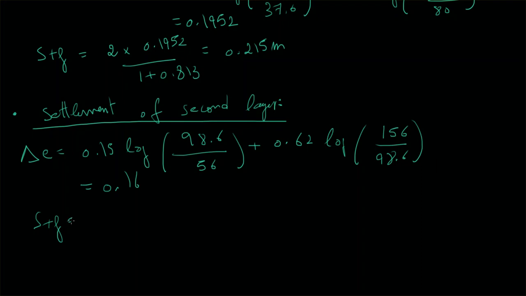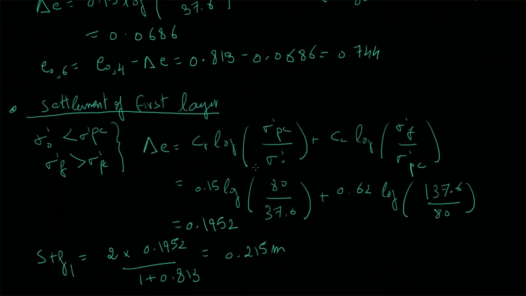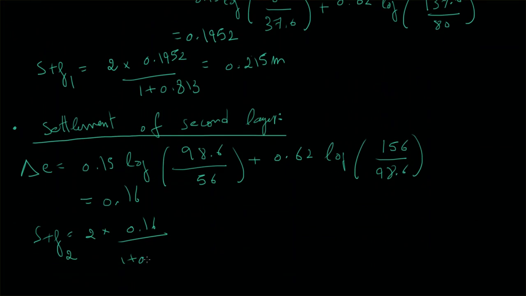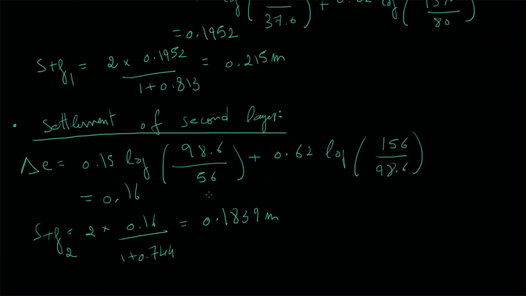So STF, let's call this STF2, this is STF1. The height of the layer, which is 2, times the change in the void ratio over 1 plus the initial void ratio, which was 0.744. And that is equal to 0.1839 meters.